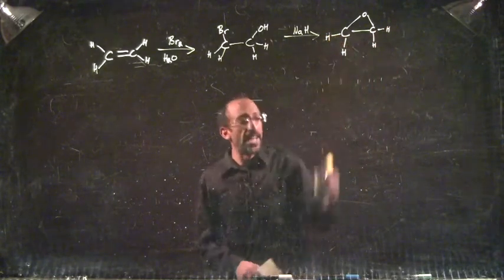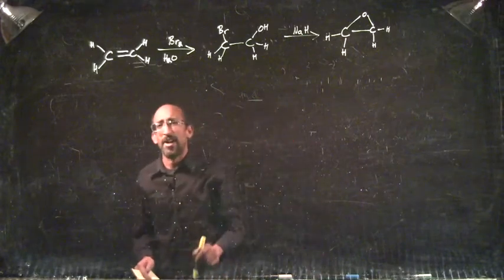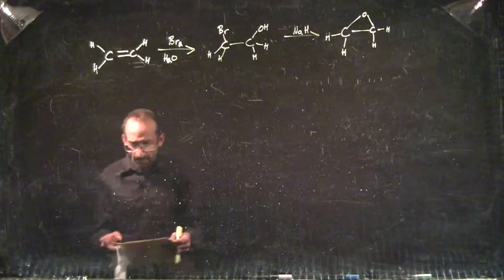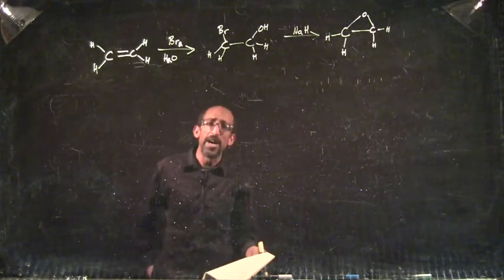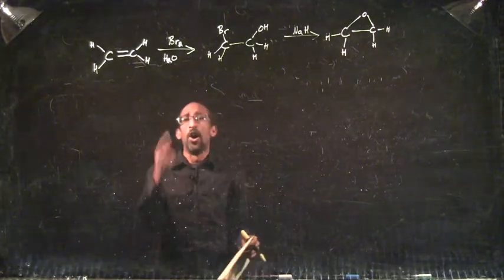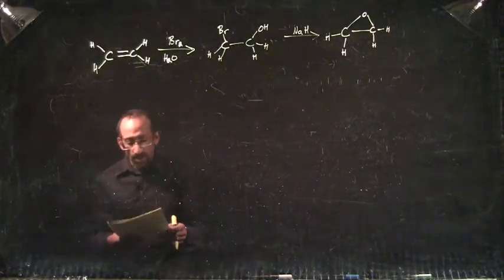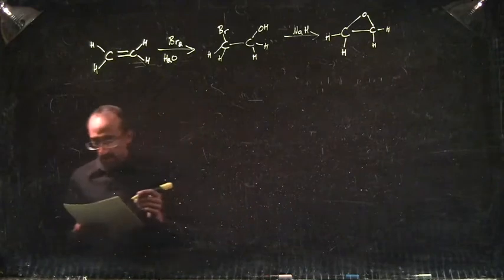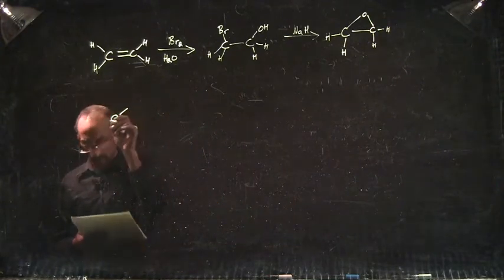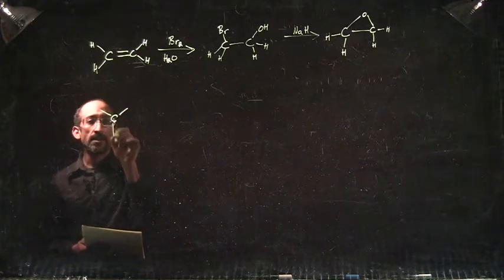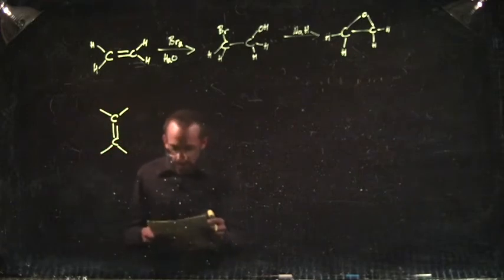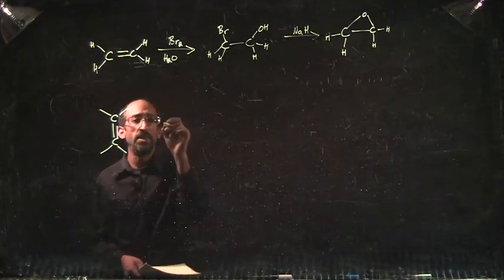Being that we are organic chemists and we're always on the lookout for a more efficient way to get the job done, we've been fortunate enough to develop a new, superior way of making epoxides all in one step. And so what we do is we start off with an alkene, and we treat that with a reagent known as MCPBA.